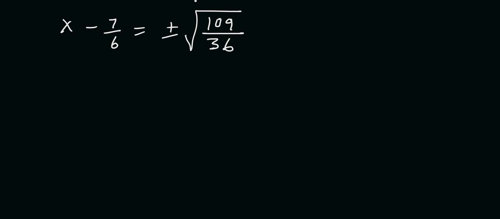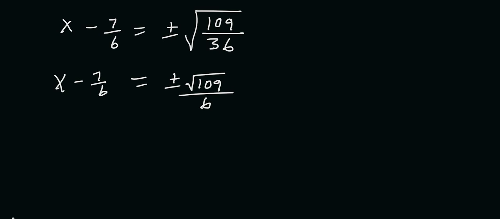So now, 36 is a perfect square, so this will be equal to plus or minus the square root of 109 over 6, because the square root of 36 is 6. So now we have x minus 7 over 6 is equal to plus or minus the square root of 109 over 6.